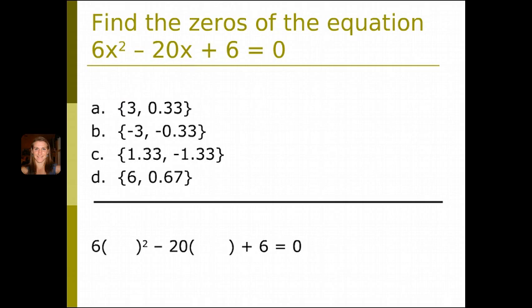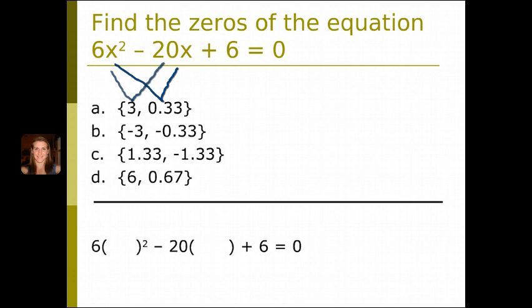So x in A is both 3 and 0.33. So both of those are potential x values. What this means is when you're testing an equation that only has an x but has multiple given values in the answer choices, you have to test each value individually.